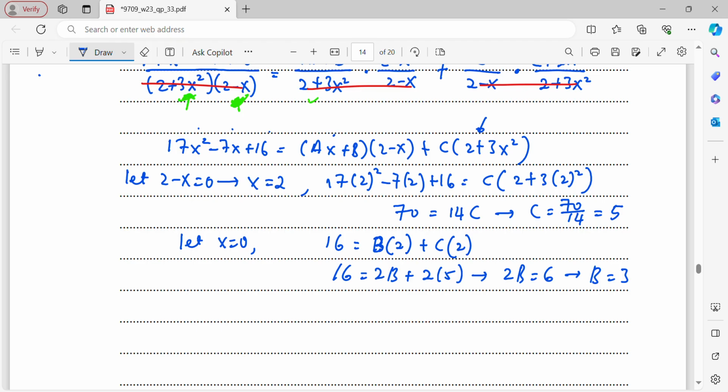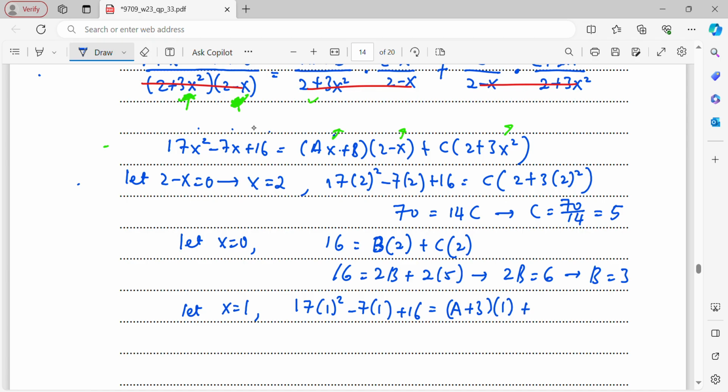Alright, so we found c and b. To find a, you just let x be any other number. I will let x be a smaller number, let's say 1. My left-hand side will be 17 times 1 squared minus 7 times 1 plus 16. Now replace all the x by 1. Then I will get a times 1, which is a, so a plus b, and b is 3, then 2 minus 1 is 1.